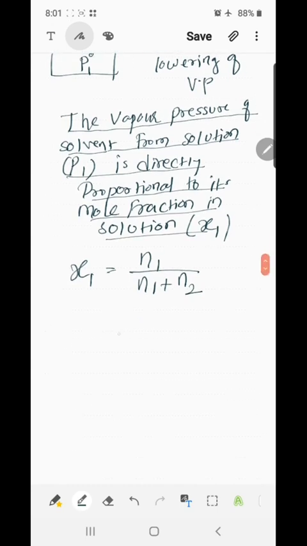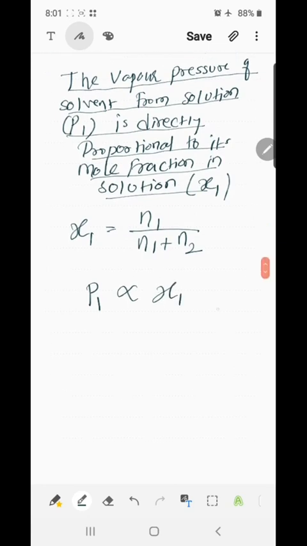So class, if I write it mathematically, P1, the vapor pressure of solvent from solution, is directly proportional to the mole fraction of solvent in solution. So P1 is directly proportional to x1. If you remove the proportional sign, P1 is equal to P01 into x1, where P01 is nothing but the vapor pressure of pure solvent and x1 is the mole fraction of solvent in solution.